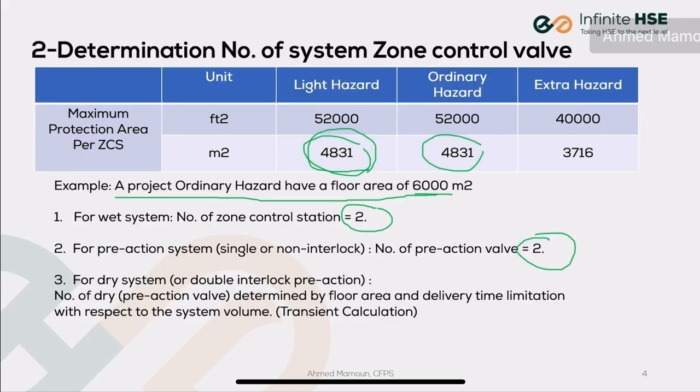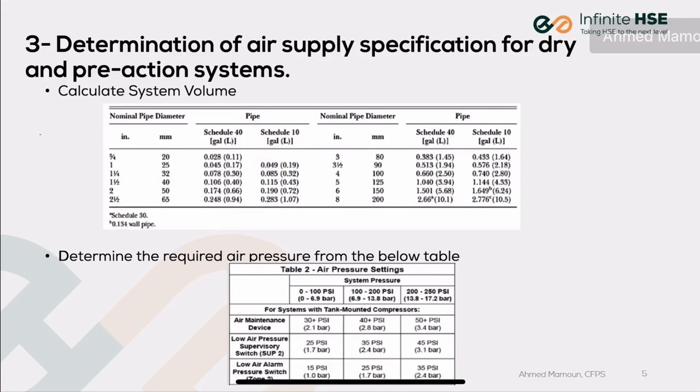This number is 30 seconds for a spray cooling system, for example. So we need to make a priming time calculation using PipeNet software to determine the number of zone control stations for a dry system.